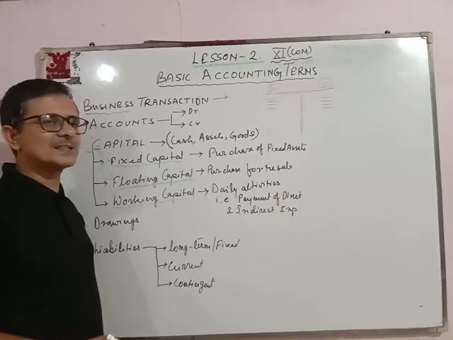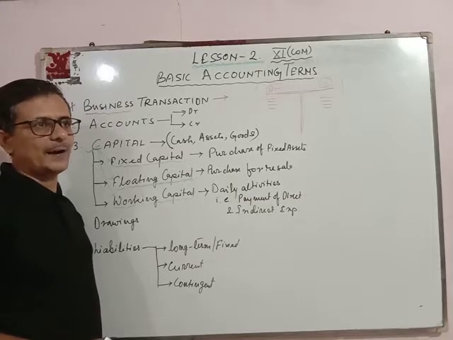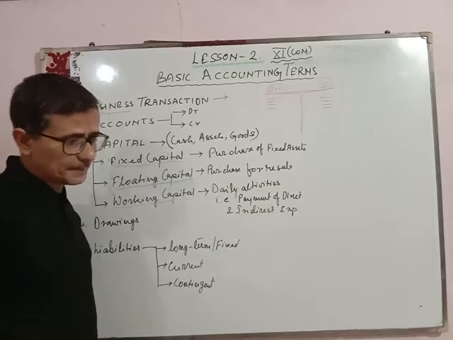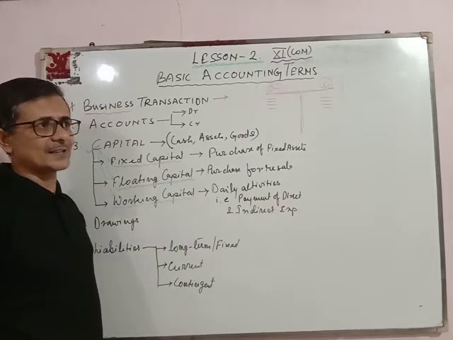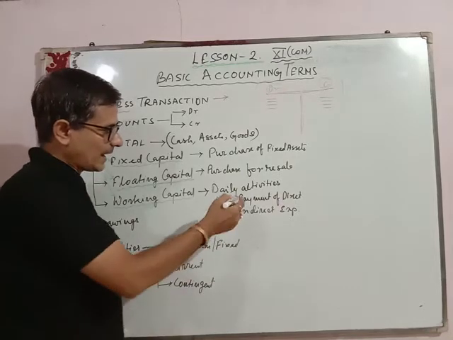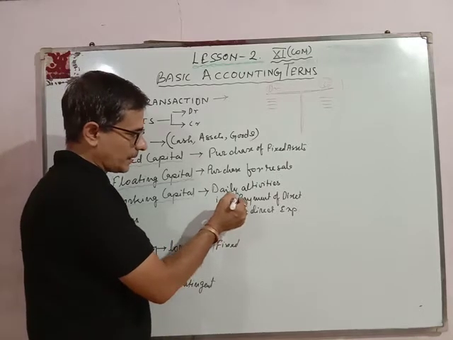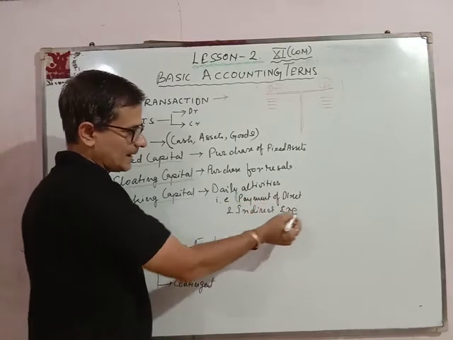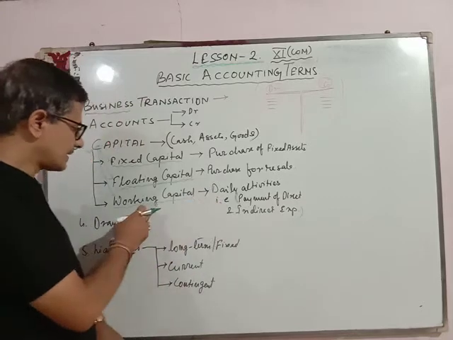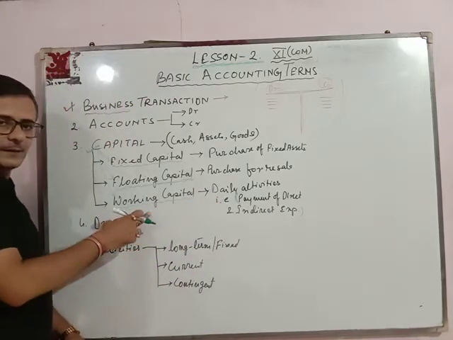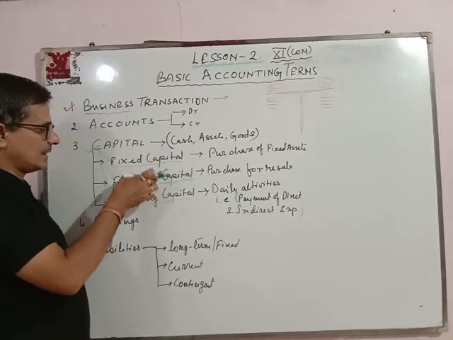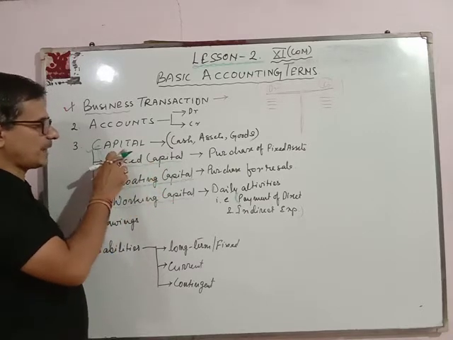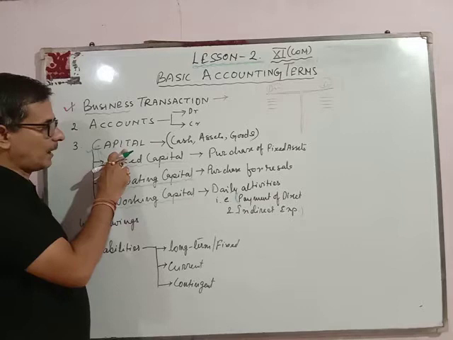For that he needs some cash, and he also keeps cash to give the return and pay these expenses. So whatever cash he keeps in his cash counter for payment of direct and indirect expenses is known as working capital. So I think you have understood there are three parts in this. These three parts altogether form the capital, the total capital of the owner.